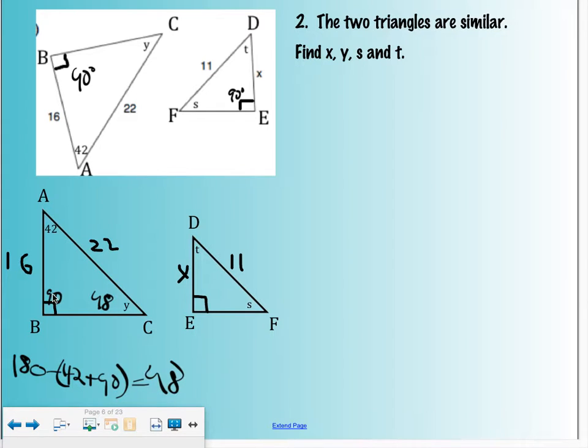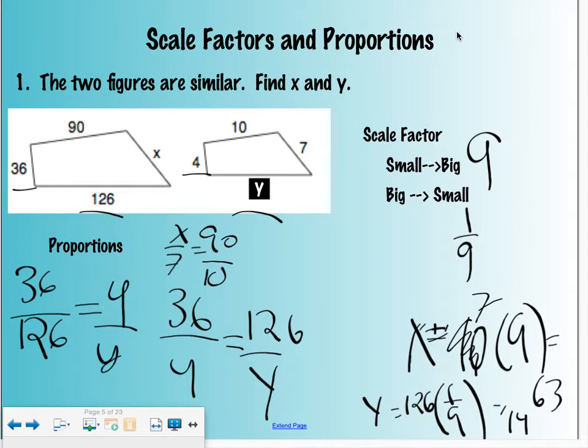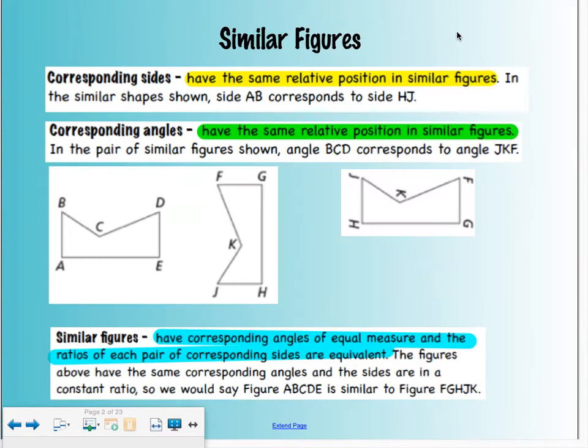So what can we say about T and S? So these triangles are similar. We figure out all these ones. What is T? So let's think about the definition of similar figures. What has to be true about the angles? They have to add up to 180. So if two triangles are similar, they're all the same. So if we go back to our definition of similar figures, corresponding angles are of equal measure.